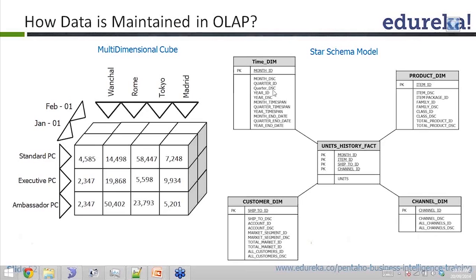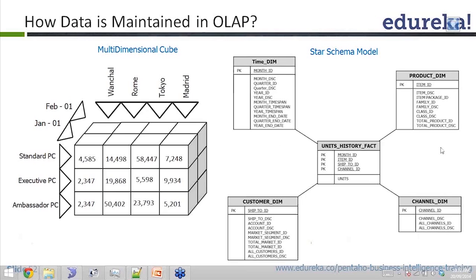You can have aggregated information like month, quarter, year, half year, all of that. On the right top corner, you can see the product dimension. Then in the bottom right corner, you can see the channel dimension. So what is the channel source? Then in the left bottom corner, you can see the customer dimension, all the details of the customer.